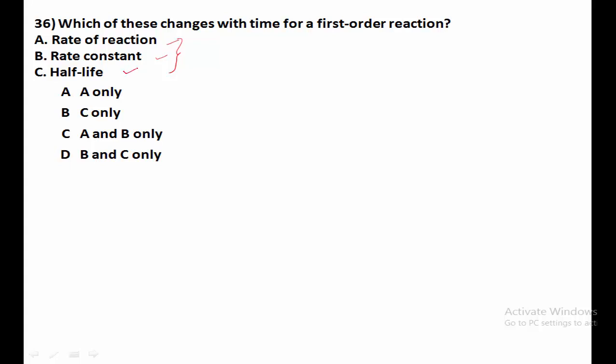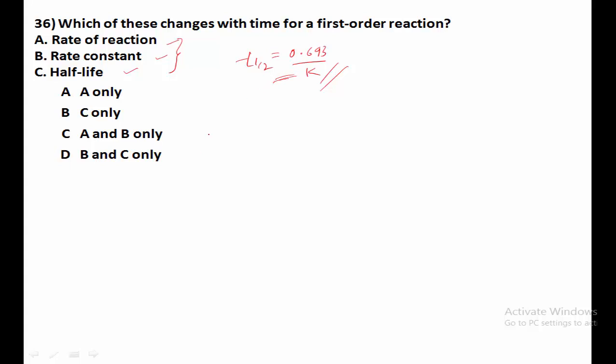And what about C, that is half-life? Half-life of a first order reaction: how do you give the equation? 0.693 divided by K. Here it does not change with time because time is not there, and hence it is independent of initial concentration as well as time.